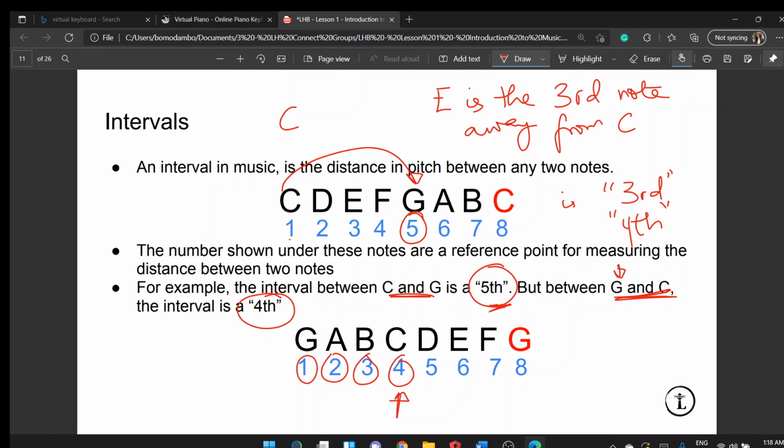You don't just say that because the interval between C and G is a fifth, anything that has to do with C and G is a fifth. No, you have to count from the note you're starting with because it changes. The interval between A and E, if I start 1, 2, 3, 4, 5, is a fifth. But the interval between E and A, 1, 2, 3, 4, is a fourth. So you just have to be careful with the way you're counting because that matters in music.